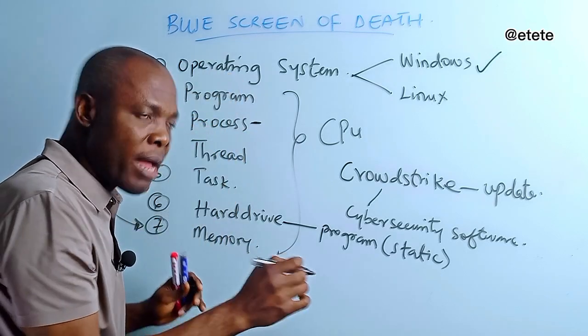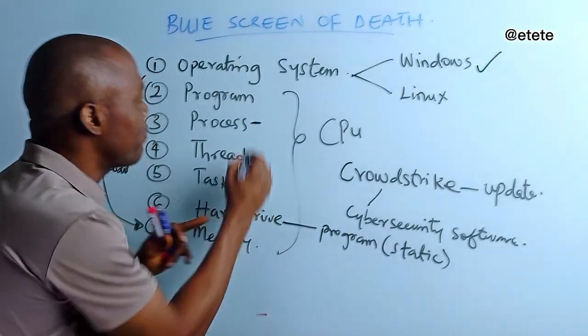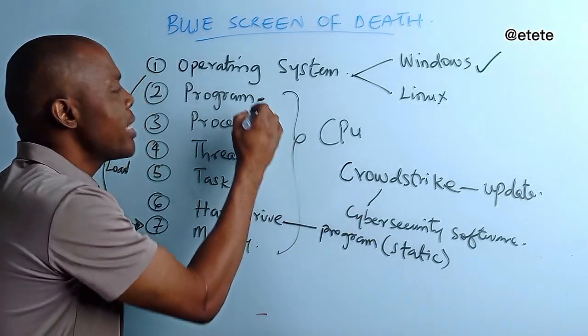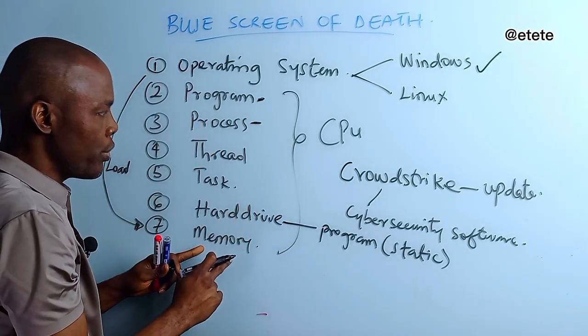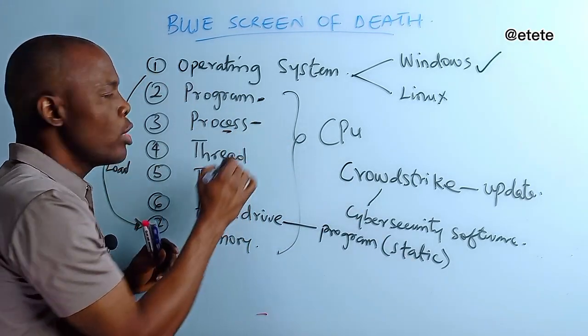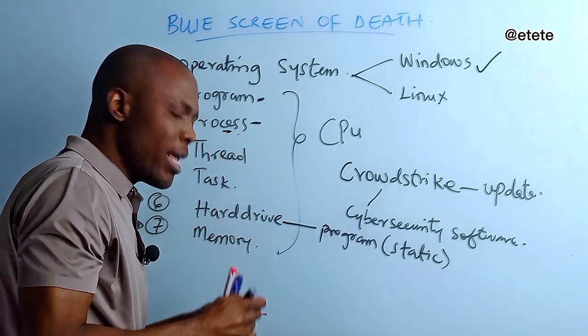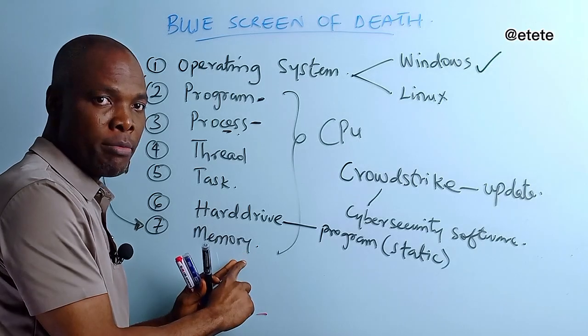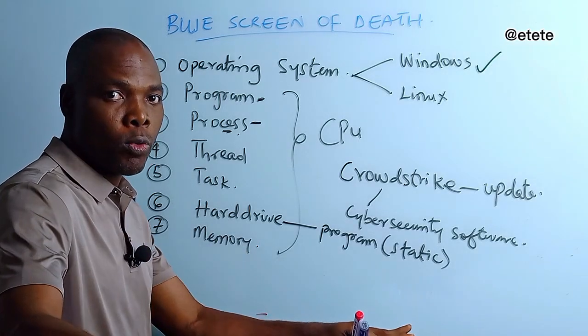So when you write a program, it is stored in your hard drive as a program. So it is static. Once the operating system loads it to memory, it becomes a process. So a process is an instance of a program that is loaded in the memory, just like you have the physical world.